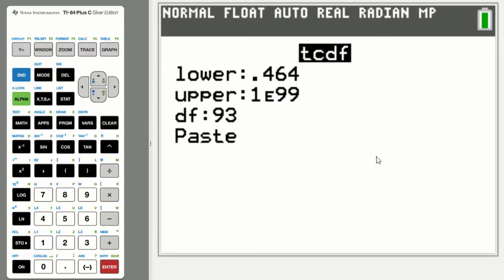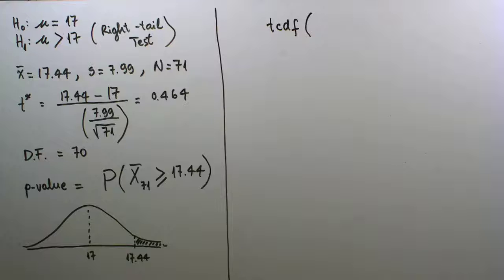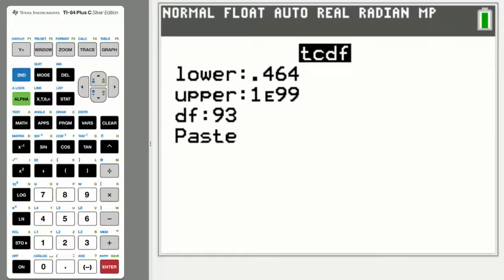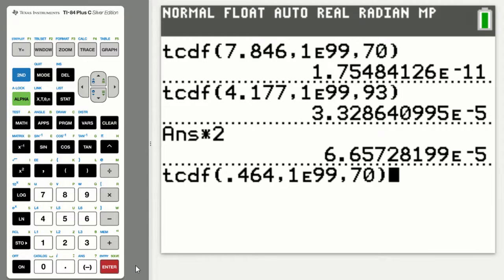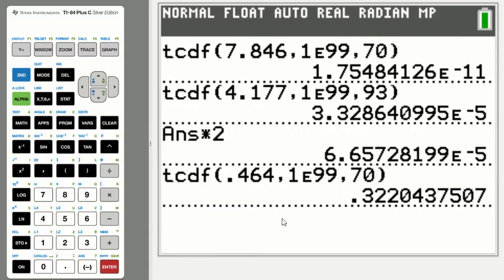And again, since we have an indefinite upper end of our interval here, we're going to have to leave it as 1E99 as it's already been on the screen. I am going to enter 70 for degrees of freedom and hit enter a few times. And with a final enter we come up with our final p-value.